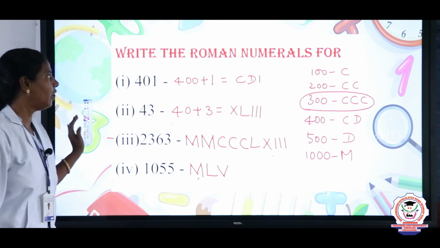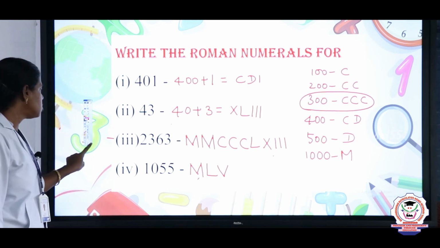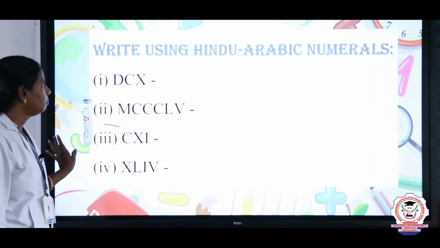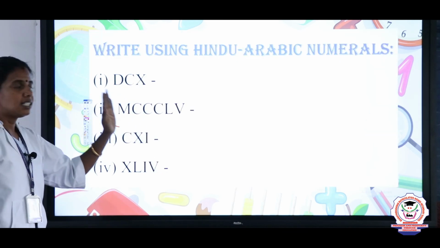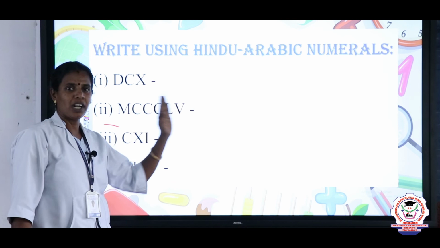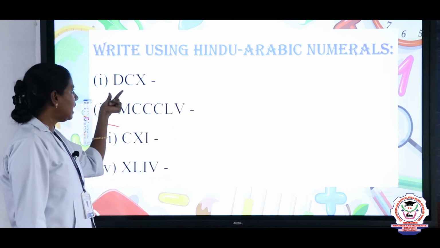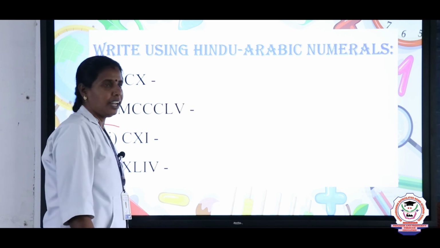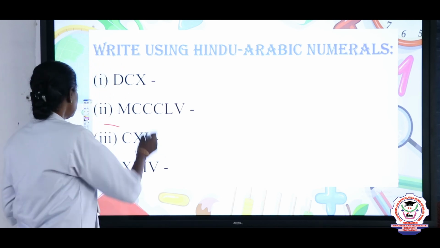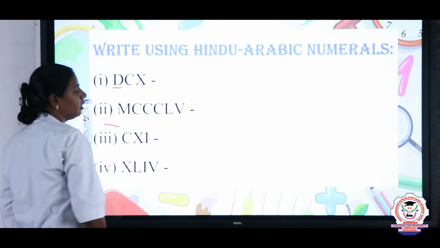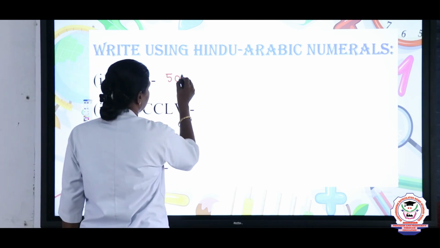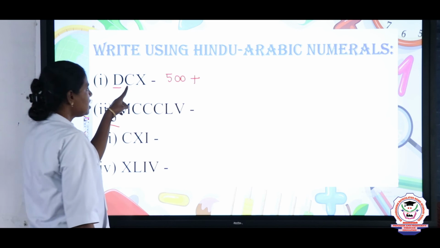The last, we are going to see Roman numerals to numerals. Roman numerals to Indo-Arabic numerals we are going to change. Now DCX is given and we are going to write in numerals, right? So what does D stand for? D is 500 plus, and what is C?